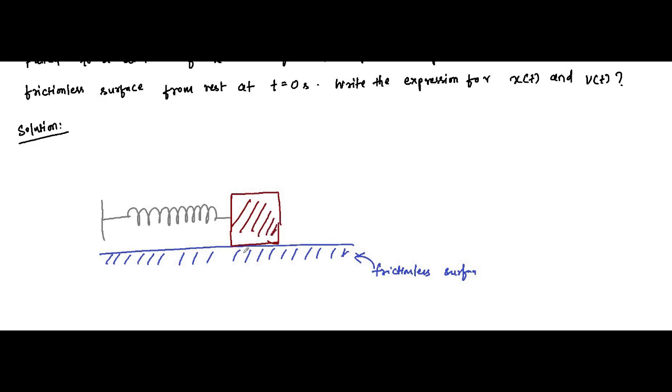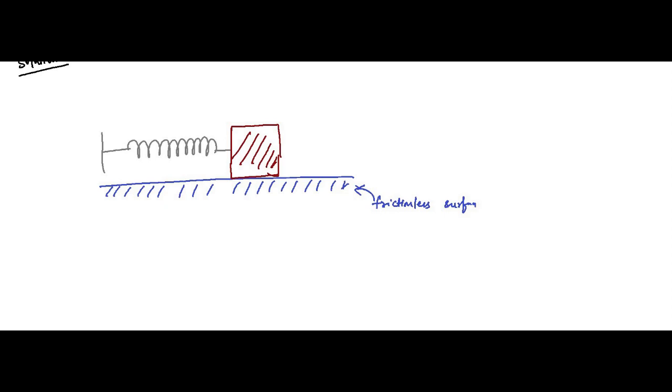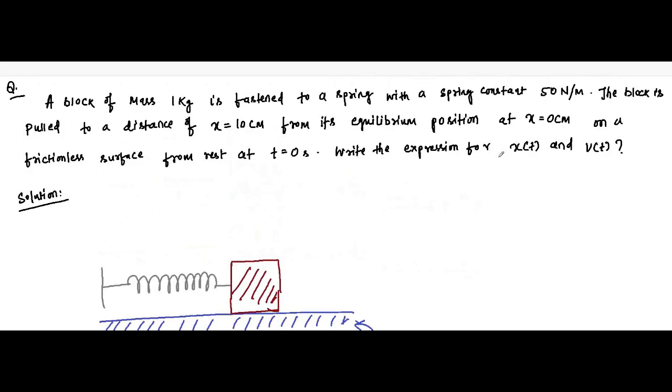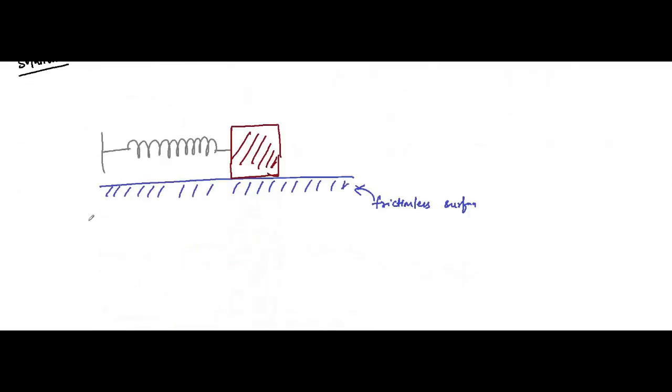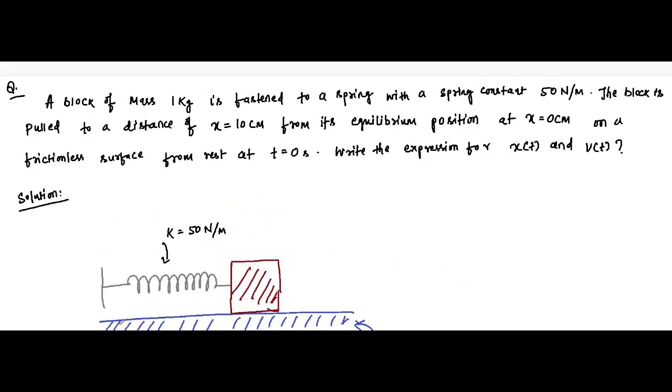So this mass is stretched to x equal to 10 centimeter. Let this be the reference, x equal to 0, and here it is stretched to x equal to 10 centimeter, and this is the spring with spring constant, how much? 50 Newton per meter. So here it is given this much.